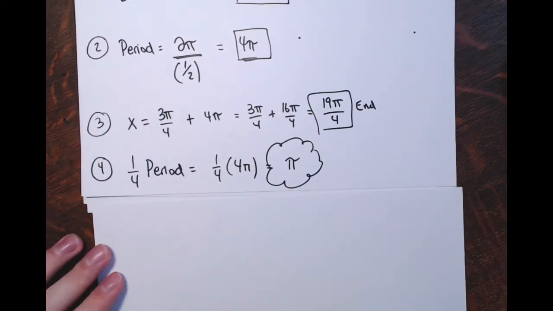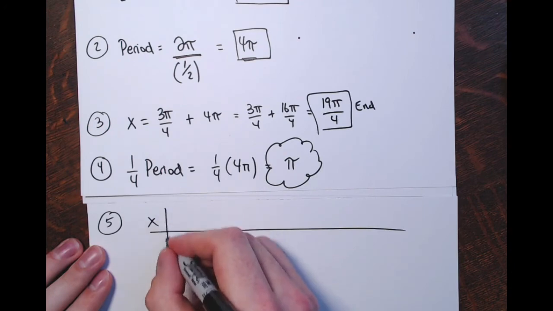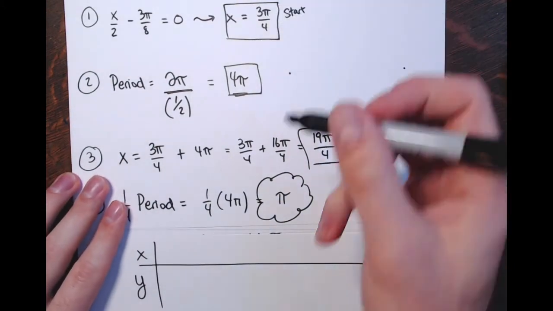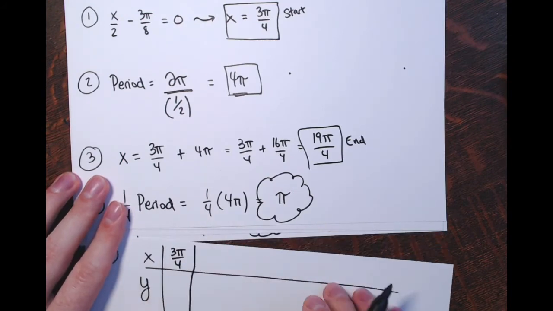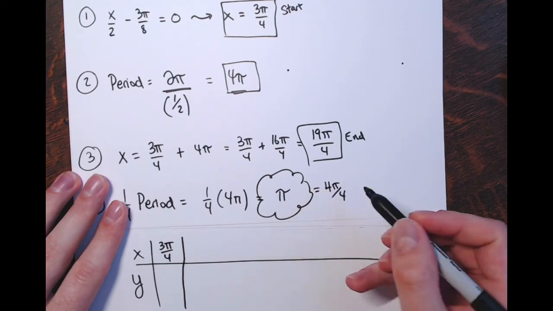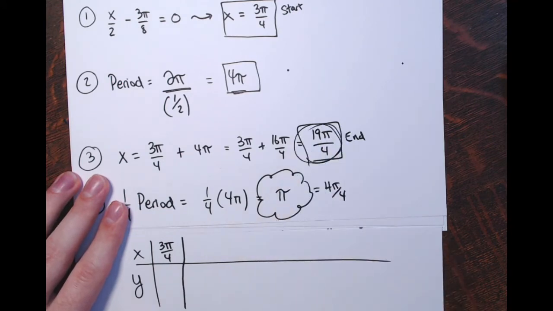All right, so I make a little table with the key values. The beginning of my cycle is going to be 3 pi over 4. And then I'm just going to keep adding pi, which is 4 pi over 4, getting a common denominator. I'm going to keep adding pi until I reach the end of the first cycle.